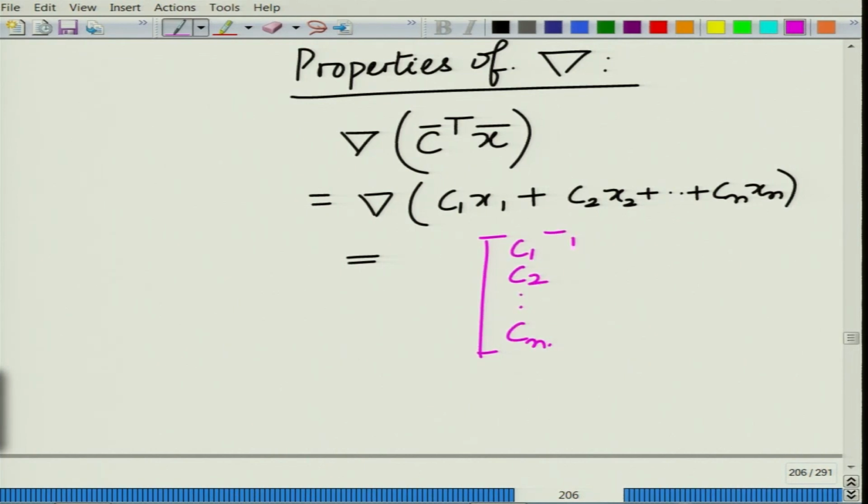So this is c bar, which is also the gradient of x bar transpose c bar, because c bar transpose x bar equals x bar transpose c bar. This is a very simple linear function.